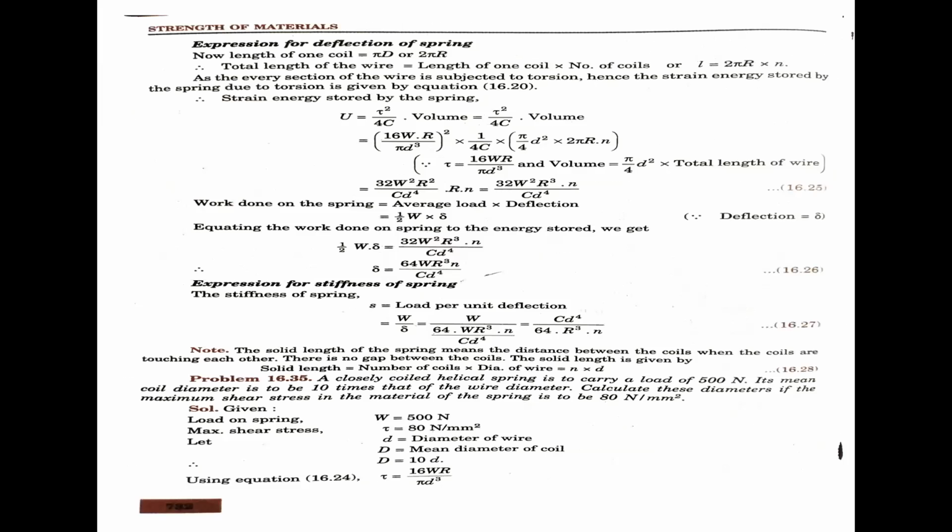Okay, you have to use the same data as in the last problem. In this problem, W equal to 500 newtons, and D is 10 times the diameter of the wire, calculating wire diameter, and tau value is also given, tau equal to 80 newton per mm square. This same data we have to take in problem 16.36.